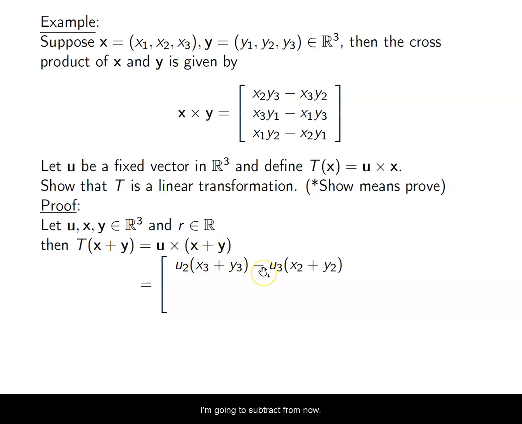Okay, I'm going to subtract from that, right? So if x is the first vector, u is the first vector, I have to use u3, right? So that's going to be not x3 but u3.